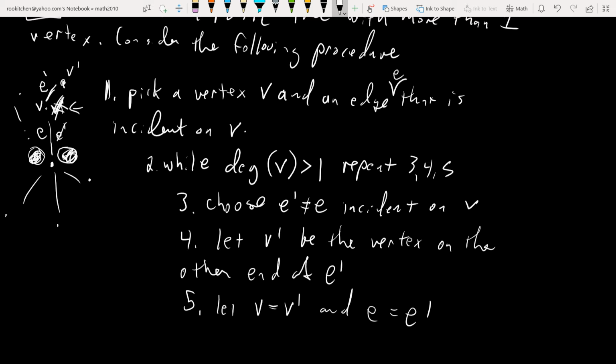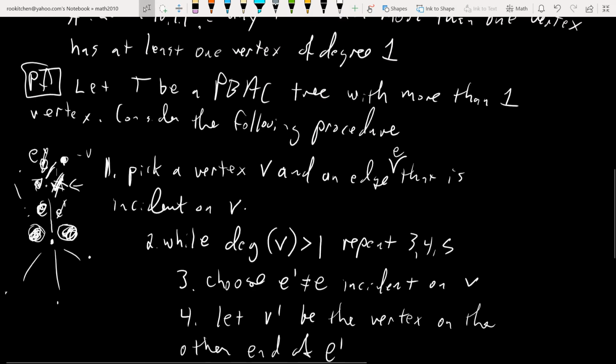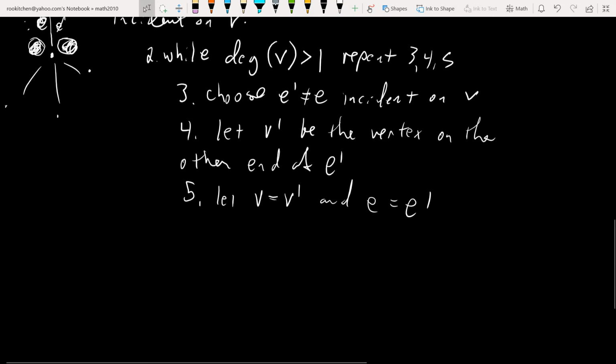Then you get rid of this and call V prime V, and call E prime E. And at this point in my graph, V has degree 1. So then I'm done, and that would be the vertex of degree 1 that I needed to find. So a cool kind of computer-type proof that we don't always see. I hope you enjoyed that.